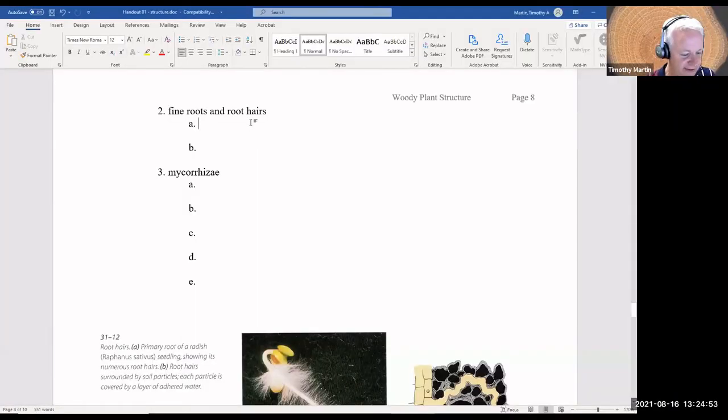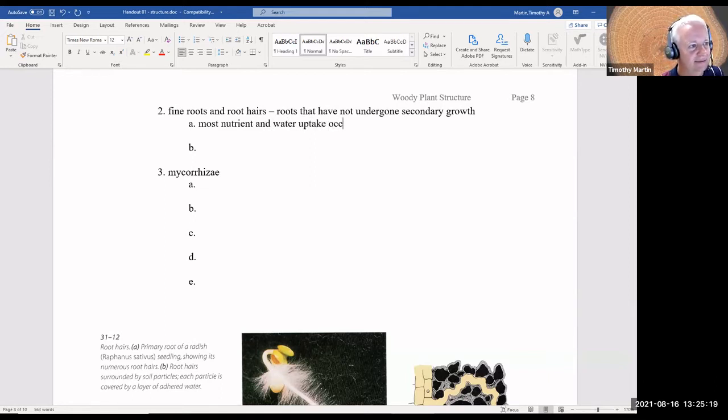So fine roots are just roots that have not undergone secondary growth. Most nutrient and water uptake occurs through fine roots.